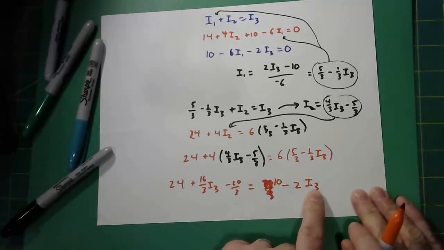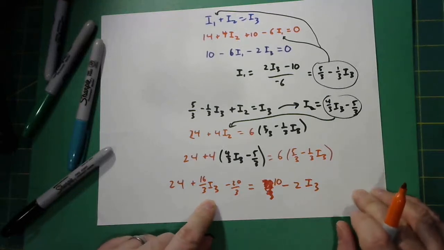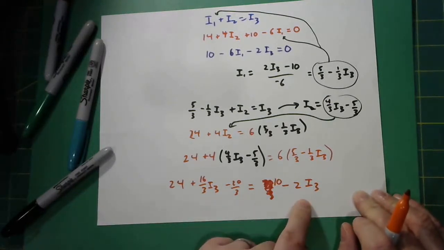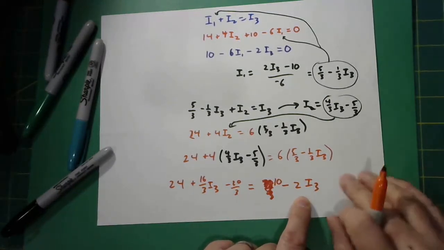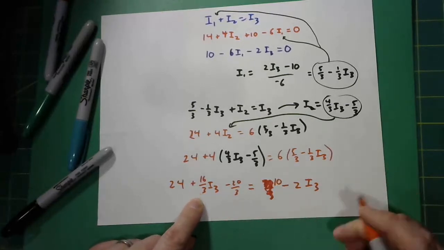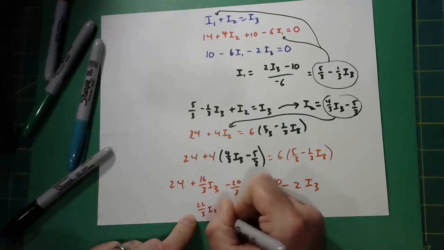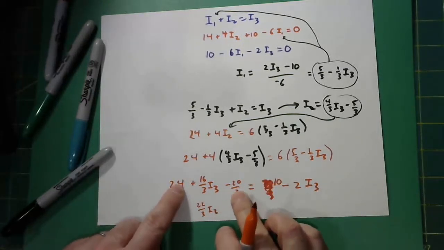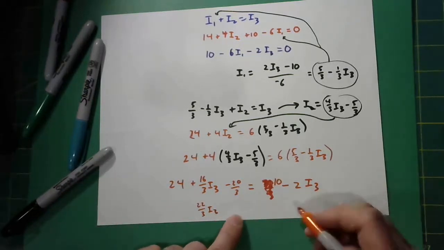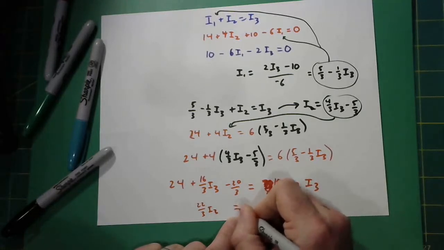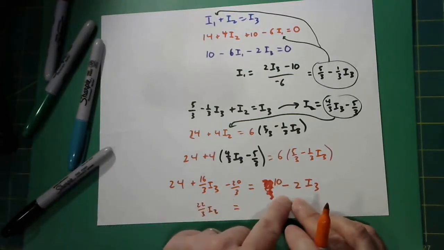Let's move this 2 I3 to the other side. If I made it into thirds, this would be 6/3. I'm going to add that to 16/3, and that would be 22/3 I3. Let me put all the constant terms on the right side. That's going to be equal to 10, and I'm going to add 20/3.